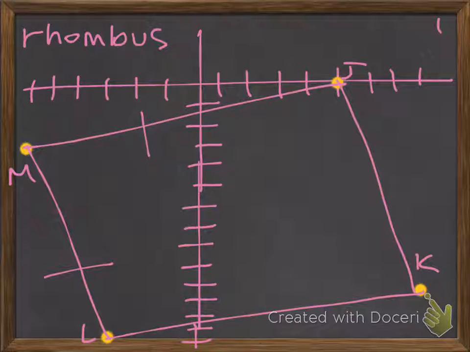Now we want to prove that it's a rectangle, because if we can say that both are proven, then we can say that it's also a square. So for a rectangle, the diagonals are congruent based on theorem 6.14.